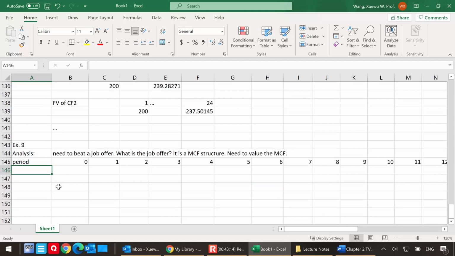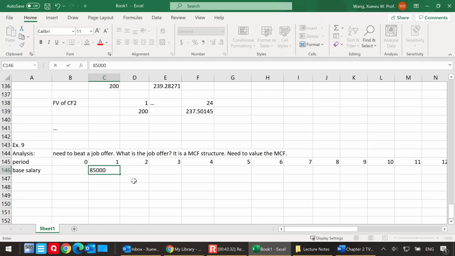First of all, the base salary. This person is going to start working now, but his base salary, $85,000, is going to be paid 1 year from the day he begins to work. So that's the $85,000 here, paid out at the end of the first year.